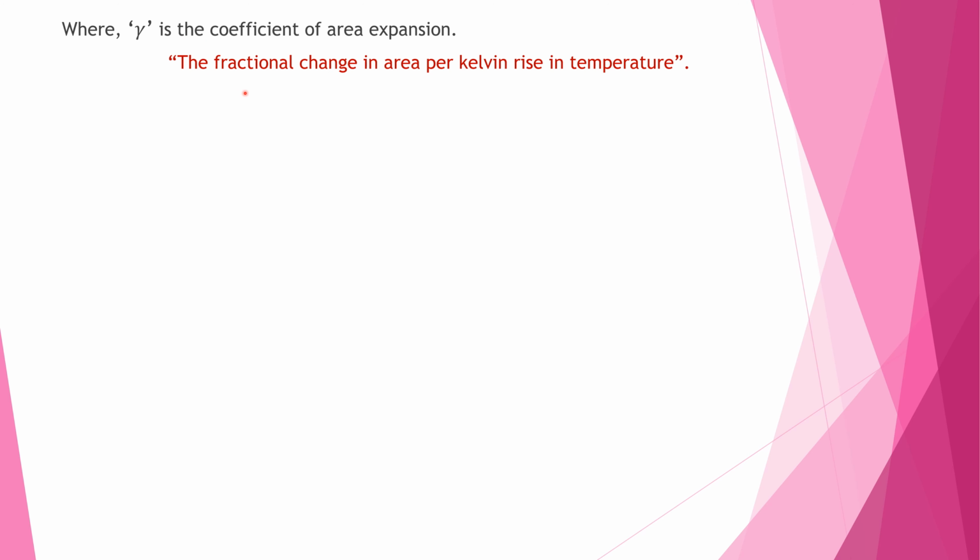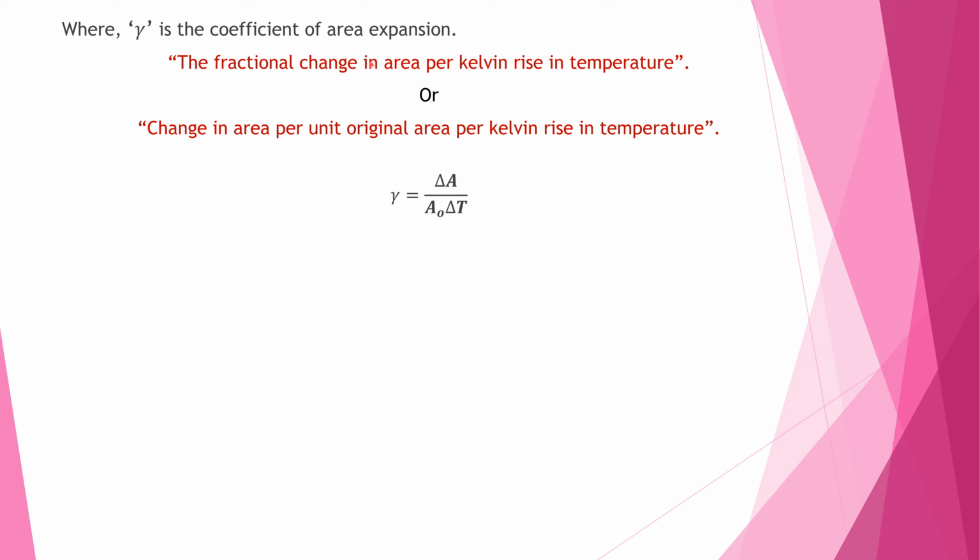So this gamma is the coefficient of area expansion, and it is defined as the fractional change in area per Kelvin rise in temperature, or we can say the change in area per unit original area per Kelvin rise in temperature. The formula of area expansion is delta A upon A naught delta T, and in this expression, delta A upon A naught is the fractional change in area.